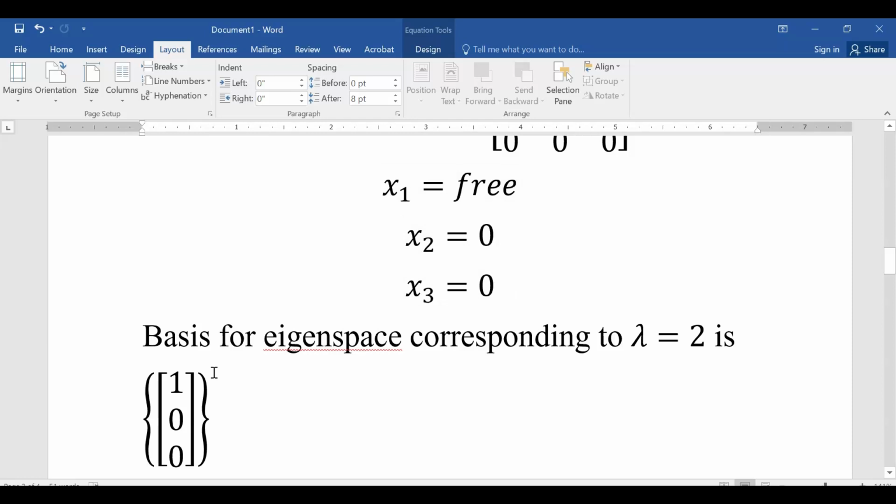And therefore, 1, 0, 0 is an eigenvector corresponding to the eigenvalue of 2. And because I only have one free variable, that vector actually forms a basis for the eigenspace corresponding to the eigenvalue of 2.